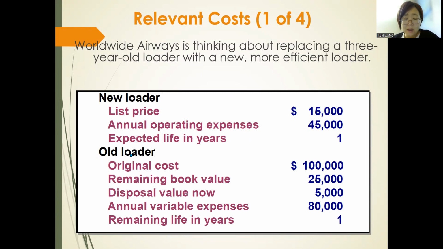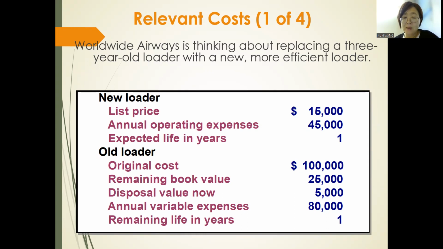So if you continue to use the old loader, you have the information or the data for the original cost, and then the remaining book value of the old loader is 25,000. So that means we already depreciated the equipment by 75,000. And then if we dispose of the loader, we have a remaining value we can still receive.